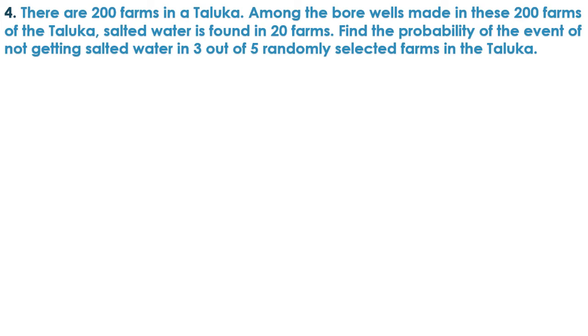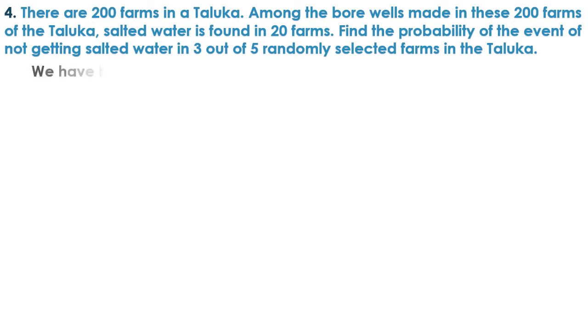Okay, in the question the 20 farms are given with the salted water, but we are supposed to calculate not getting salted water in 3 out of 5 randomly selected farms in the taluka. Now that means our success is not getting a salted water. So if we get a salted water, that becomes our failure.